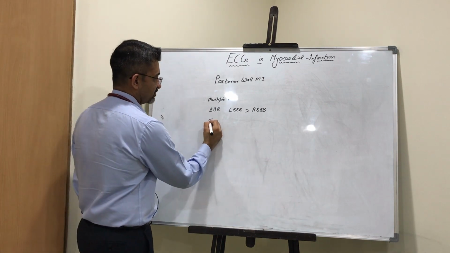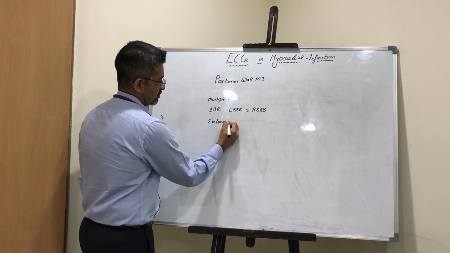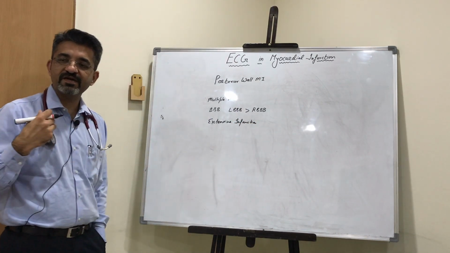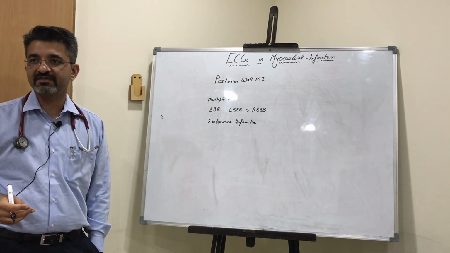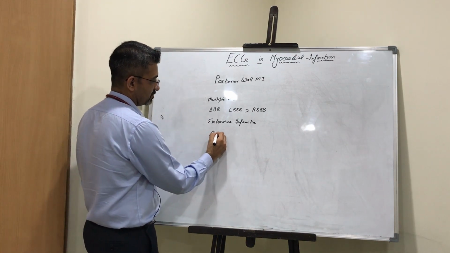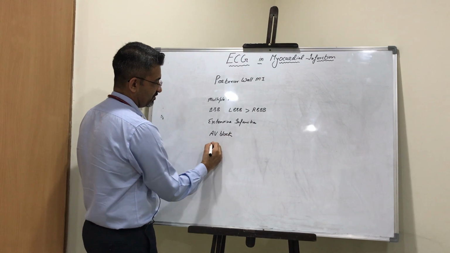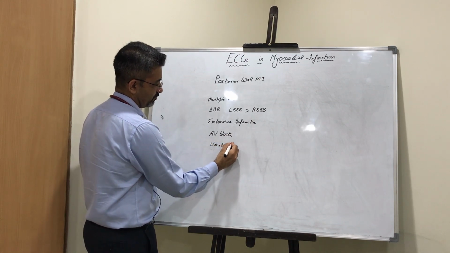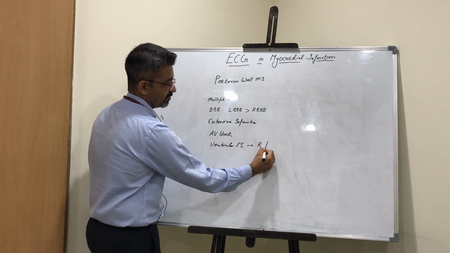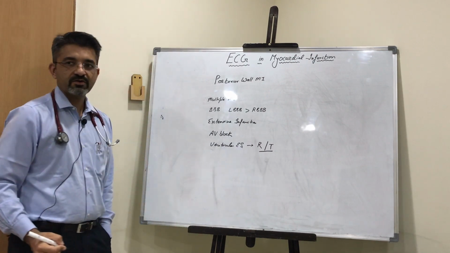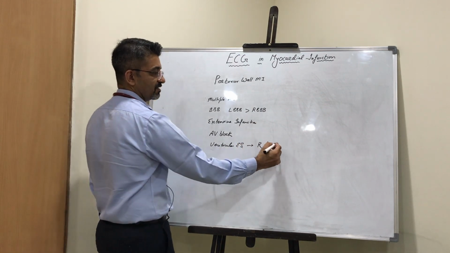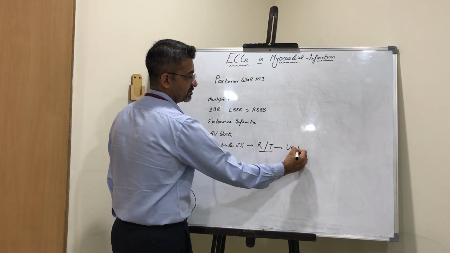If you have extensive infarction, that means I have a QS pattern from lead 1 to V6 and 1 in AVL, so extensive anterior wall MI, it's a bad prognosis. If you have any AV blocks or you have ventricular extrasystoles, which predispose to a phenomenon known as R on T. Ventricular extrasystoles during MI can precipitate R on T, which can give rise to ventricular arrhythmias.